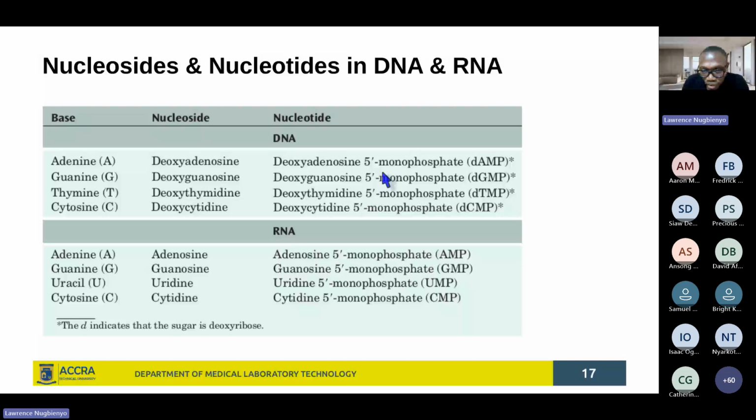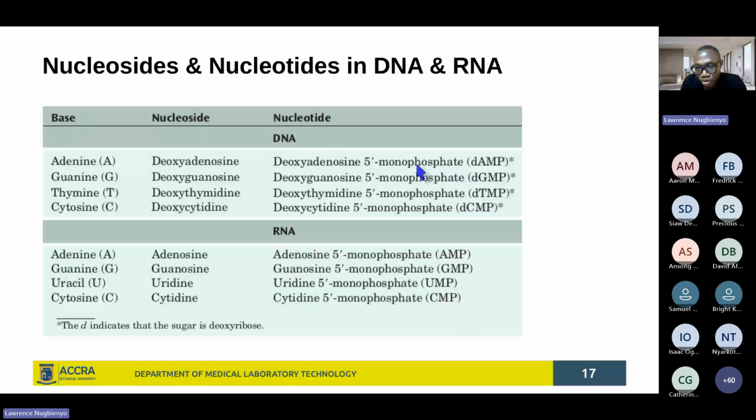If you didn't, go back and take a look at how the carbons that are present in the ring are numbered, and you see that it is carbon number 5 on which the monophosphate is, because carbon number 1 is what is bonding with the base. So if you count clockwise, you see it is on the 5th carbon that you have the monophosphate.